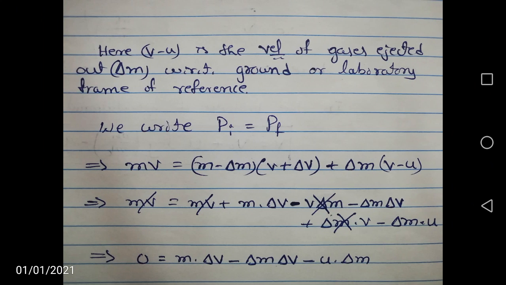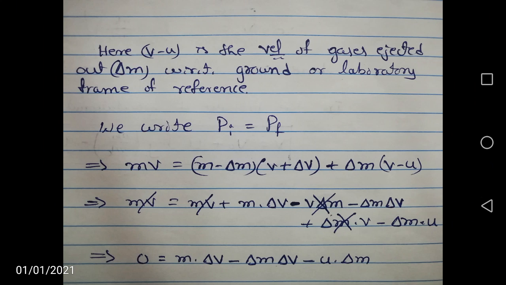Here v minus u is the velocity of the ejected gases with respect to the ground or the laboratory frame of reference.